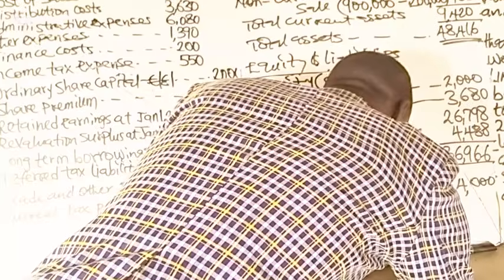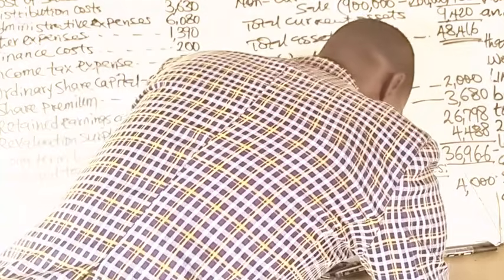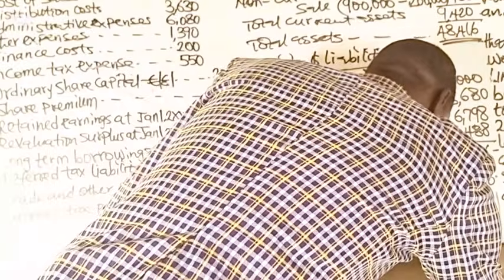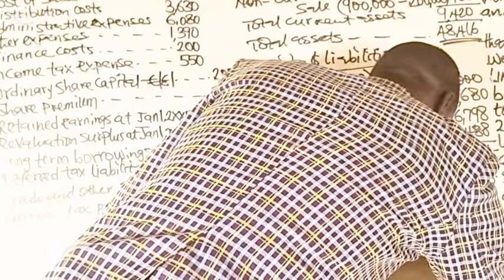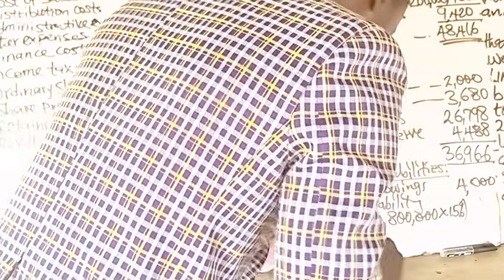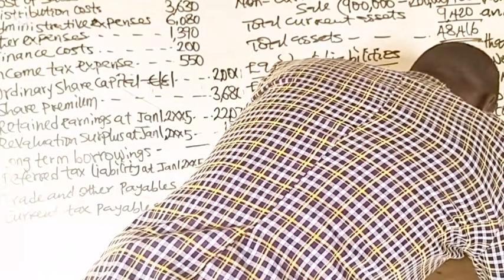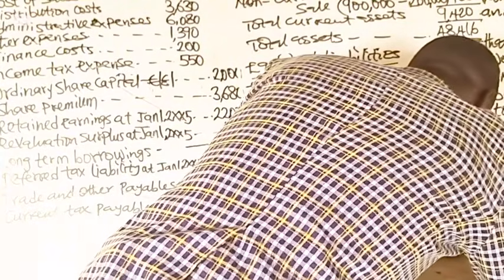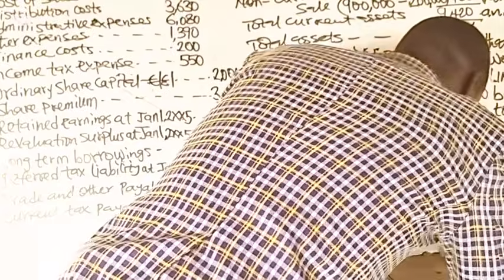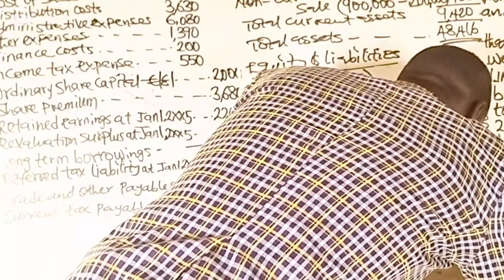The tax rate of 15% is equally given there. If you calculate 15% of 12.8, you have 1,920,000. So this will appear as non-current liability, and the total will be 5,920.